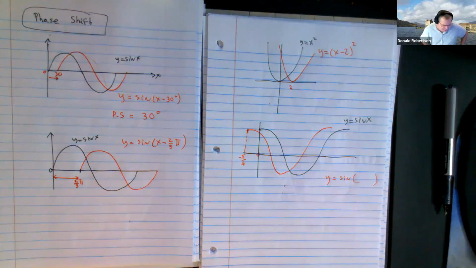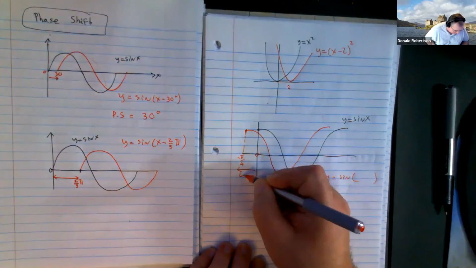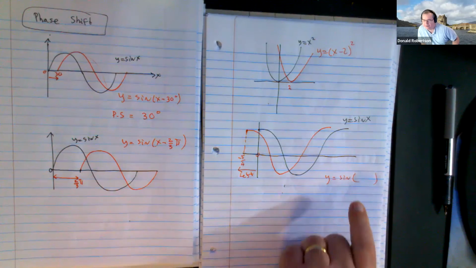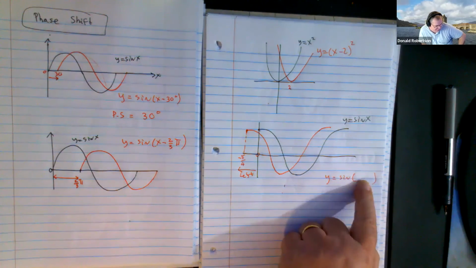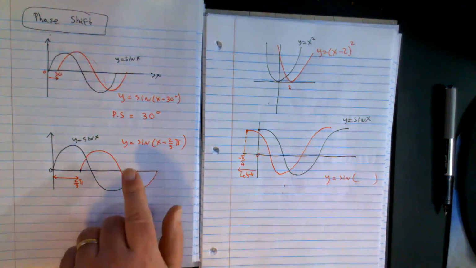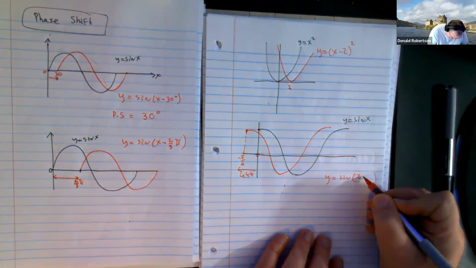If you shift something to the left, how does that affect this equation? Any thoughts? That'd be x plus pi over 4. Yes.